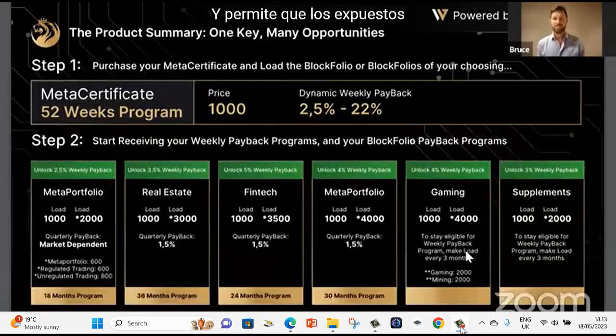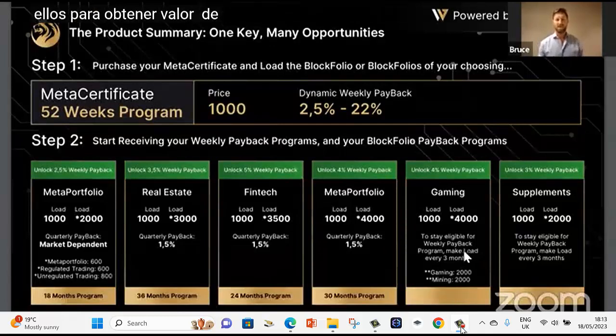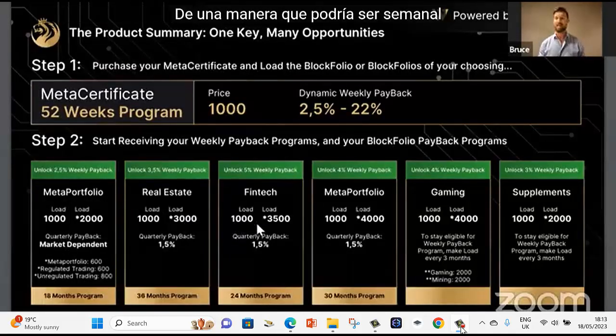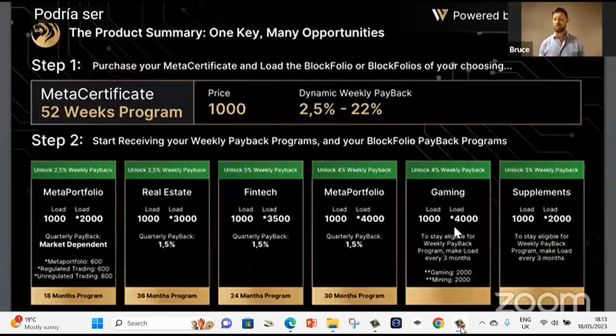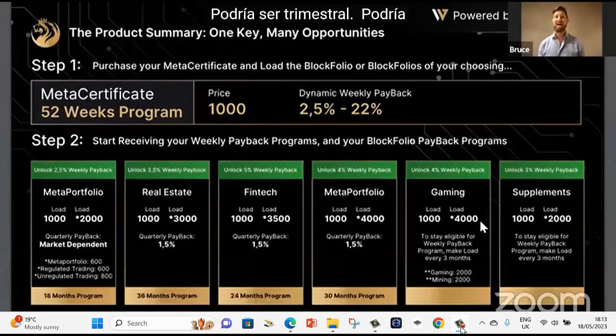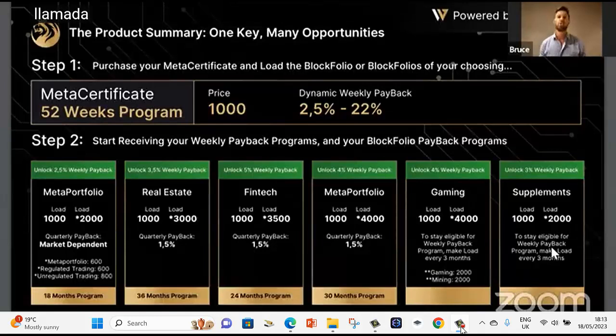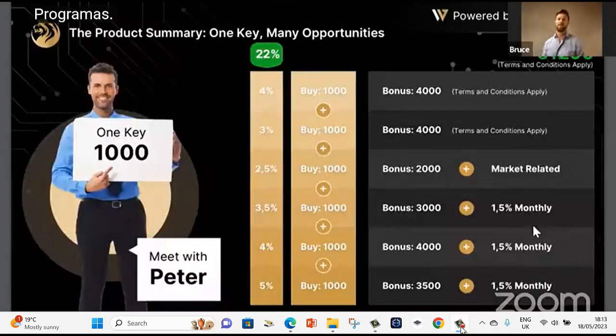And each of these different blockfolios unlock different weekly payback programs, as well as unlocking different bonuses that are paid back at the end of these blockfolio contract periods, as well as giving shopping discounts and gaming credits to those who wish to partake in those different sectors. So we're going to take time to unpack what that looks like in a bit more detail in a moment.